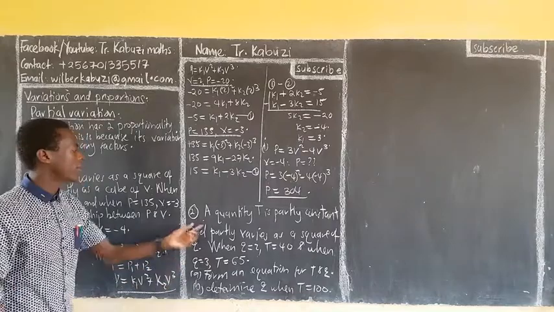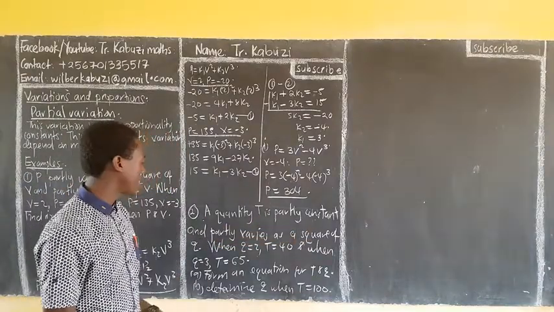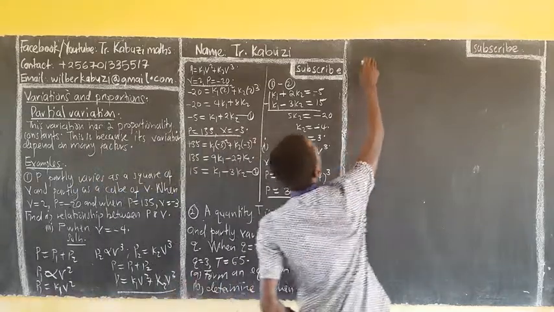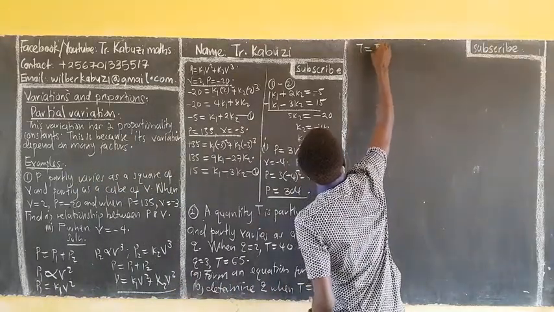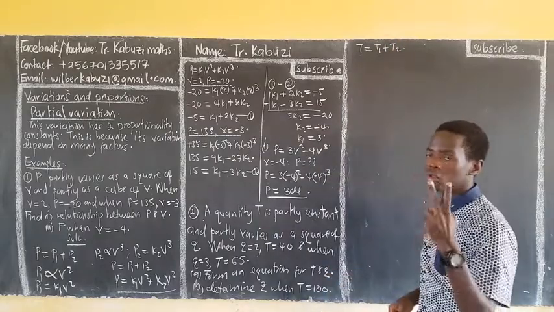So when you come now to this one, T is partly constant and partly varies as a square of Q. So I'm going to say my T is going to be T1 plus T2. I'm going to divide my T into 2.